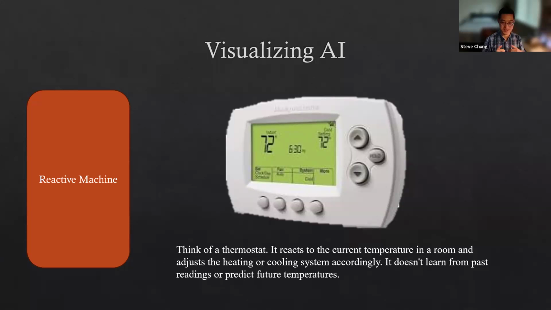But I guess in this image, 72 degrees. It doesn't have the capability of learning. It can't predict our environment. It can't set our temperature to differences that we feel comfortable. So that's why it's a reactive machine that doesn't have that capability.